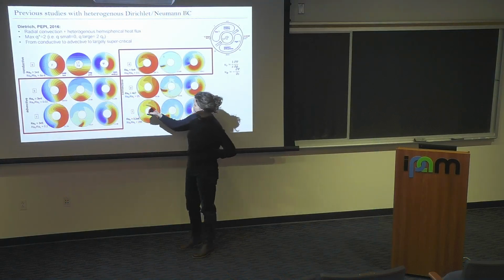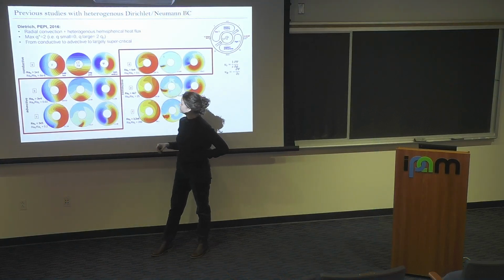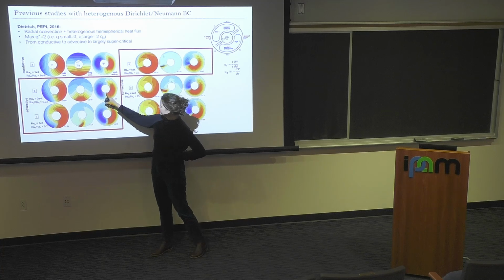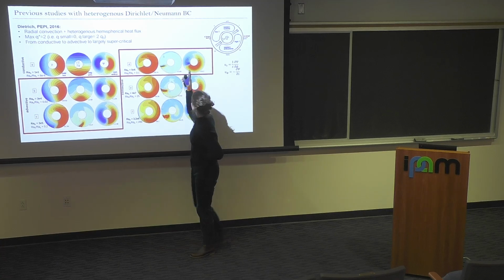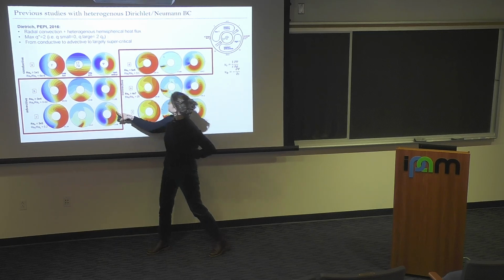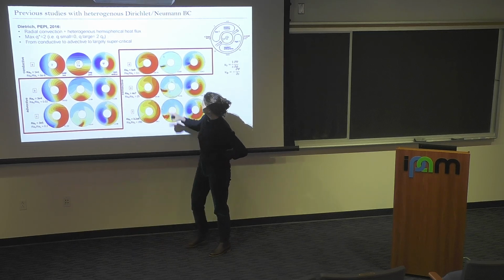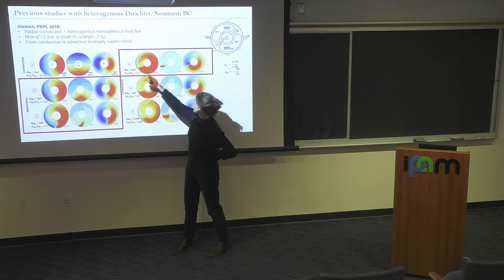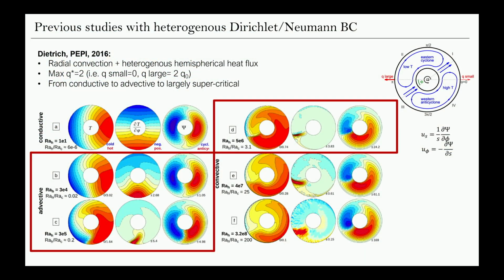And what they show is that as advection becomes significant, this downwelling becomes narrower and narrower, and the upwelling, conversely, becomes broader. Okay? And you can see this also on the temperature field or the azimuthal temperature gradient, where you can see that the downwelling is associated with a very narrow jet structure that goes inward.